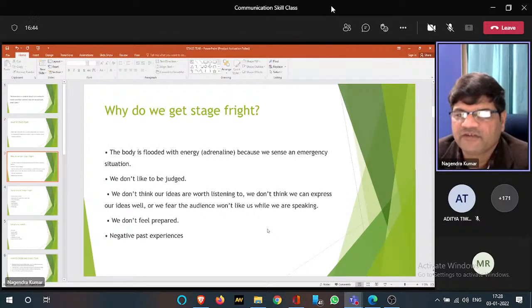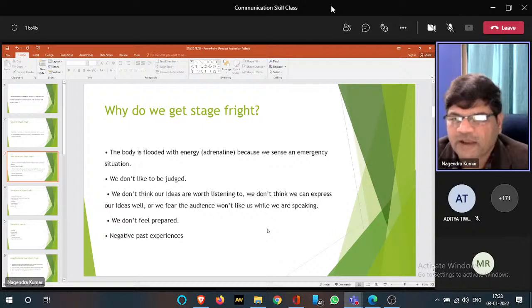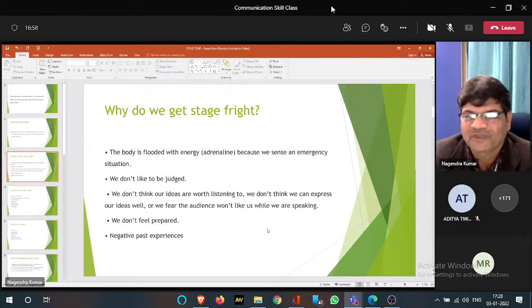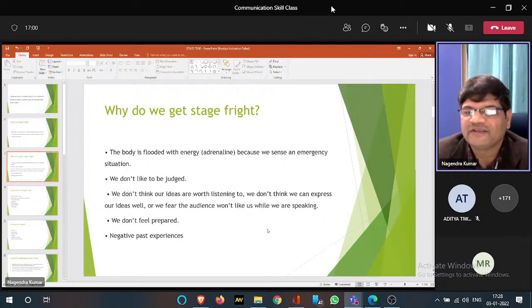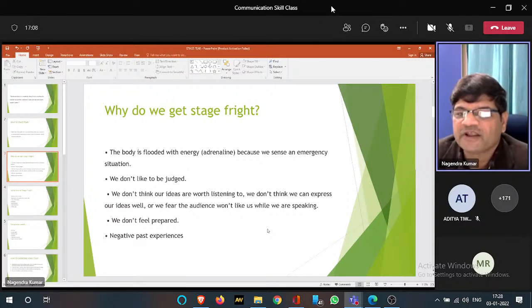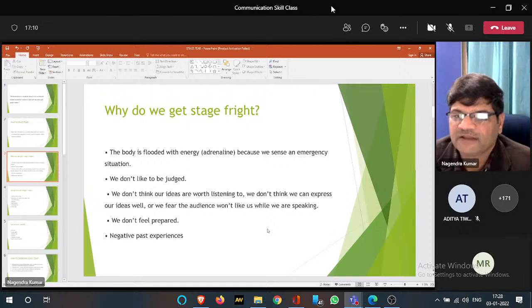So why do we get stage fright? Well, if we biologically look at it, the body is flooded with energy, adrenaline. People say it kept our adrenaline pumping. And this kind of situation arises because of our body response. Fine.